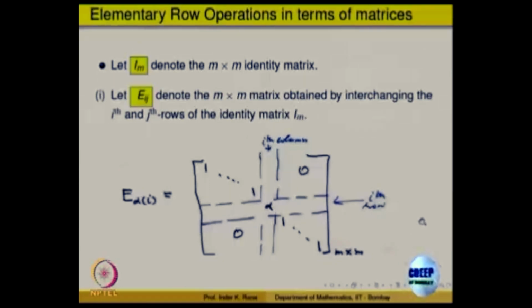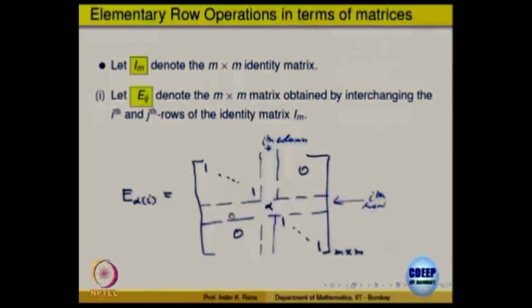You want to interchange ith row with the jth row. So for the identity matrix, interchange its ith row with the jth row. That will give you a new matrix. Identity matrix will change, right? So the changed matrix is called Eij.